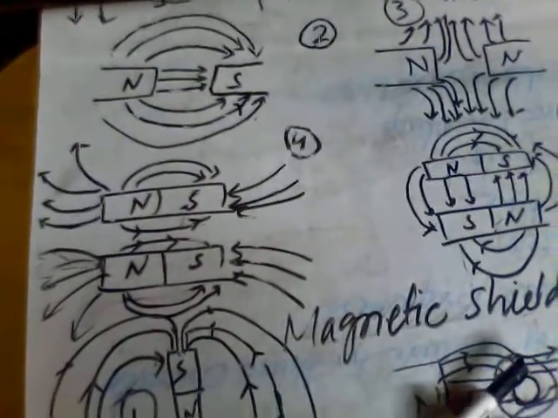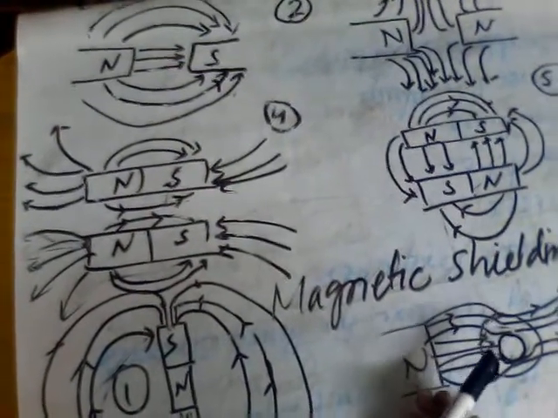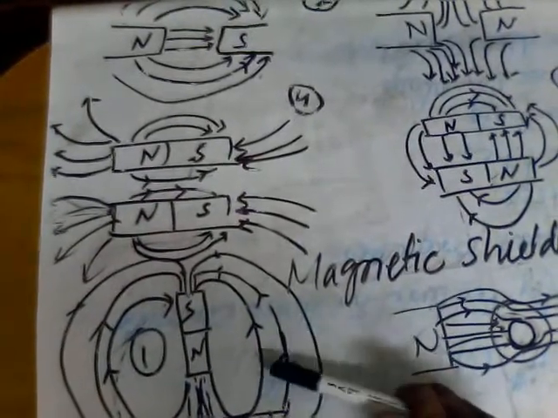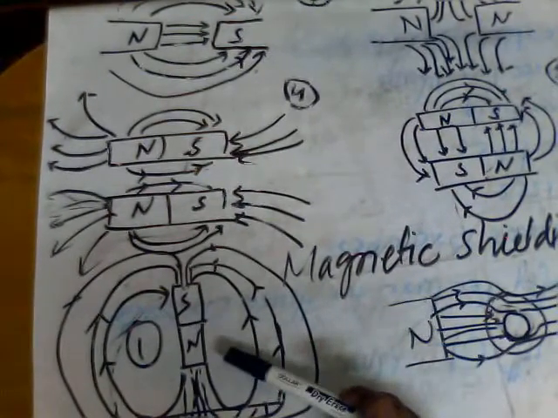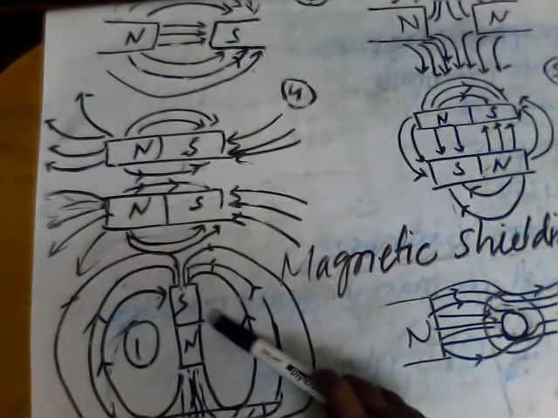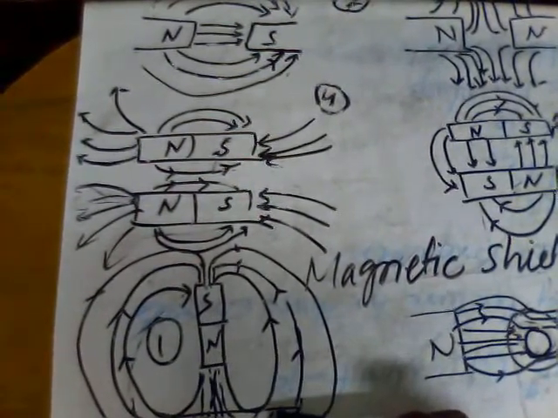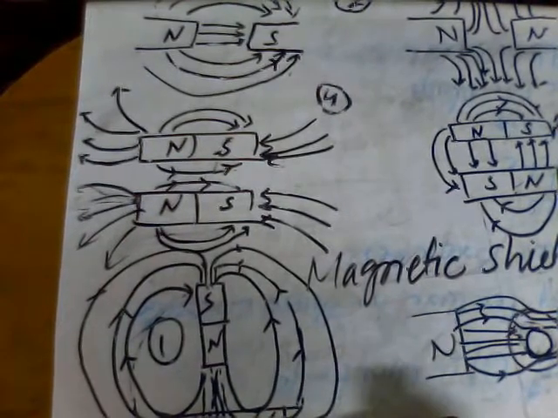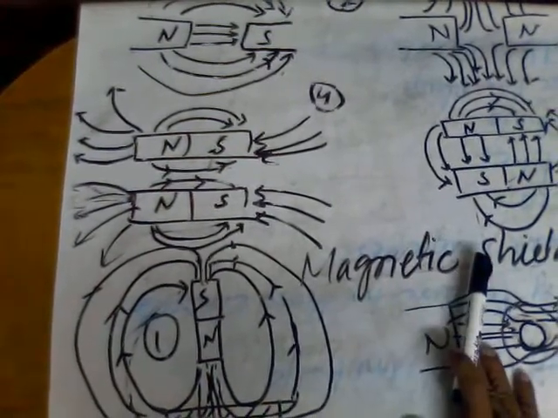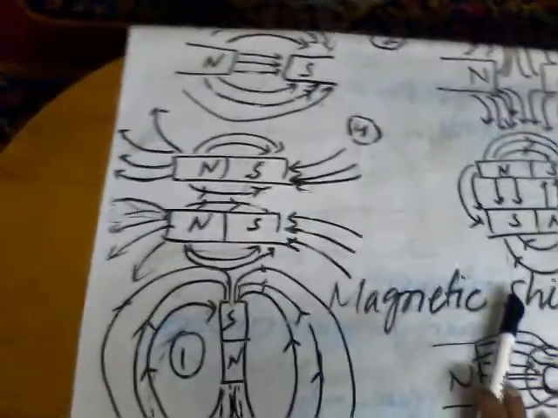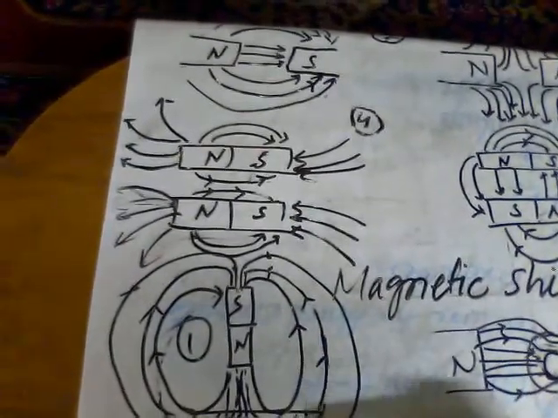If you see the figure of magnetic shielding, there is one magnet with south and north poles, and along with it an iron sheet is placed.